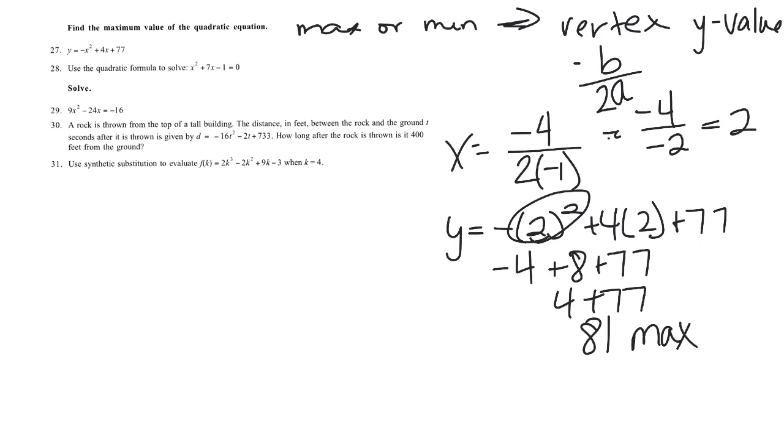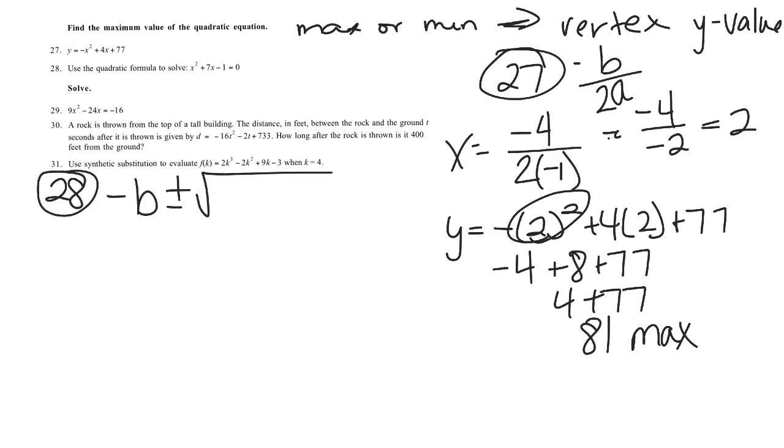Number 28, use quadratic formula to solve. X squared plus 7x minus 1, so this was 27 over here. Quadratic formula, negative b plus or minus the square root of b squared minus 4 times a times c all over 2a.